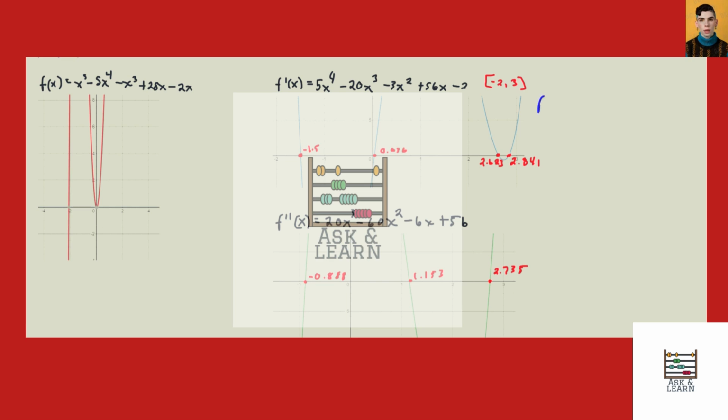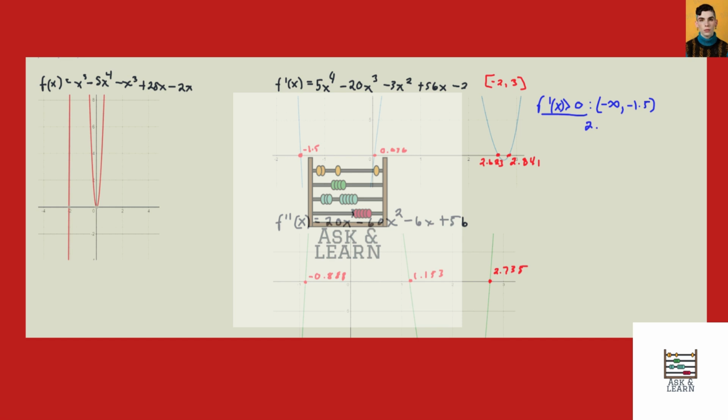So we know f prime of x is going to be strictly larger than 0 to the left of negative 1.5, so negative infinity to negative 1.5. And then from 0.036 to 2.623.